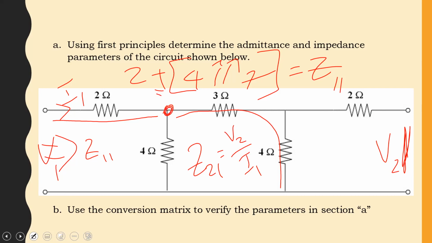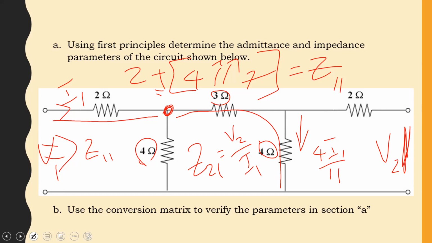At this point, it is now going to be divided between the 4 ohm and the 3 and the 4 in series. So you now will get a component of I1 which goes through the 4 ohm. By quick voltage division, the current through that 4 ohm would be 4 I1 over 11.